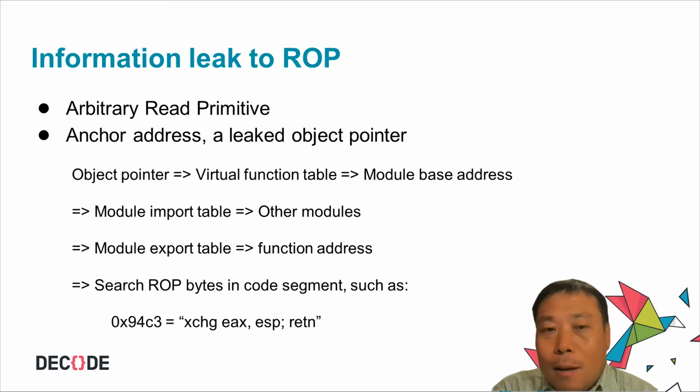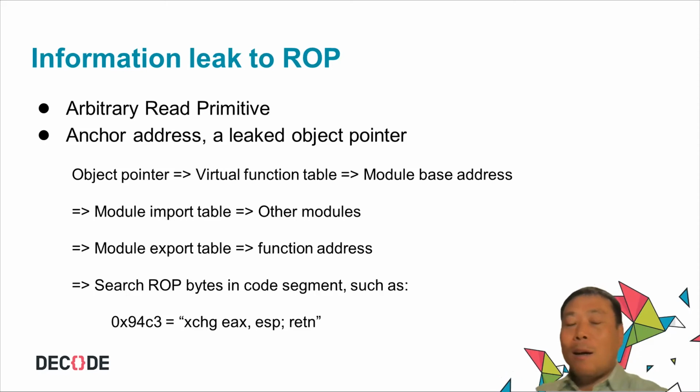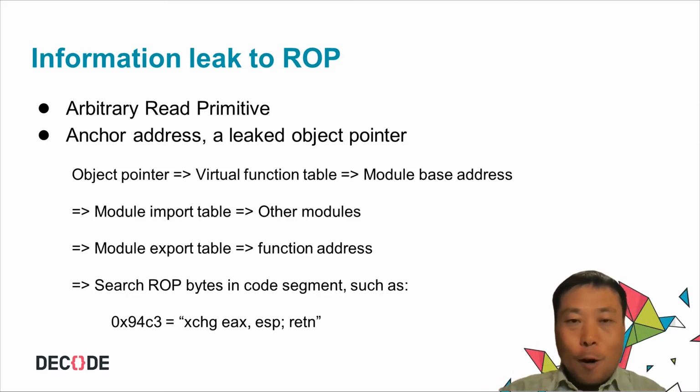From there, we will need an address. We will read the address of an object, and from the object address, we can read the virtual function table, and we can read one of the addresses for the functions. Since the function address will always be inside the code segment.